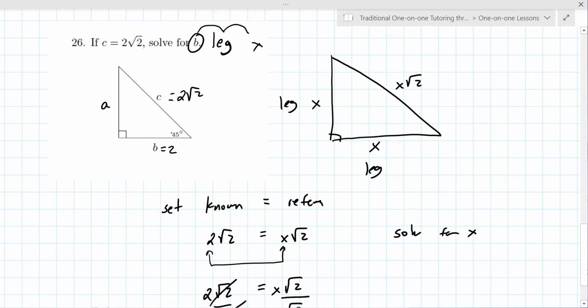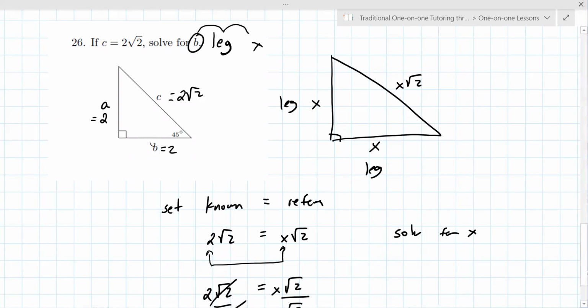I like your literalness. You're like, a is b and b is a. You're not wrong. It's just that it's also 2, because it's also a leg. The legs are the same. You have two legs. They're the same length. I know there are conditions where they're not, but in this triangle the legs are the same. That's what makes it special.